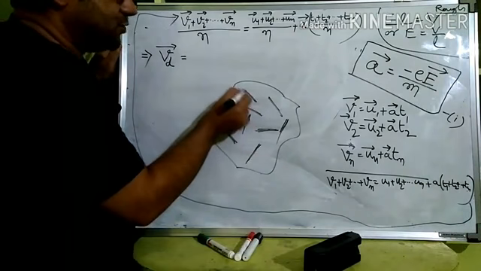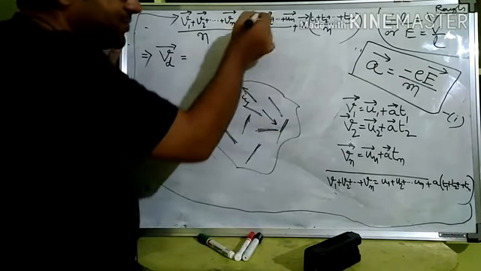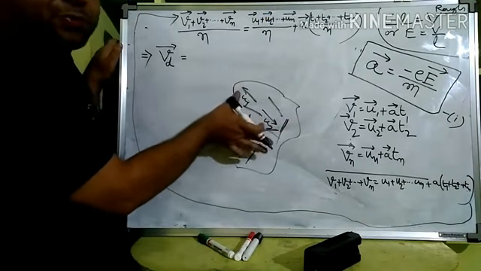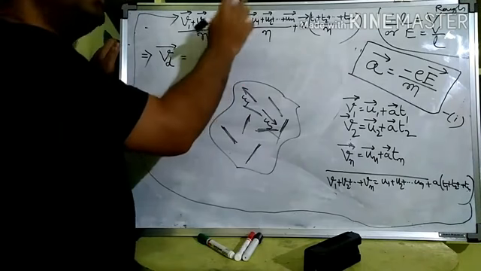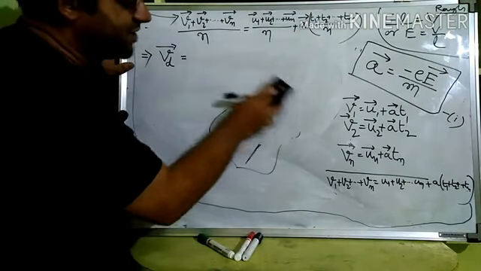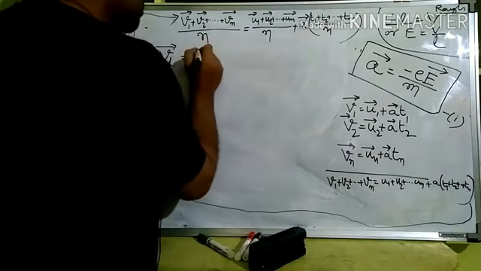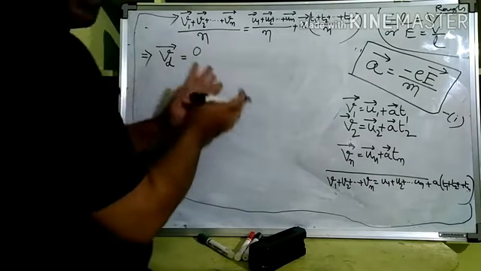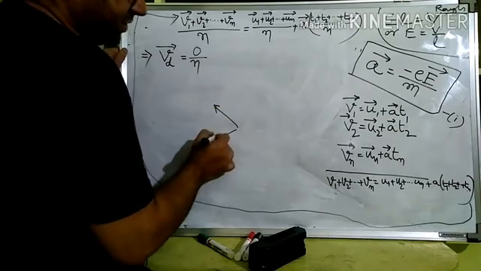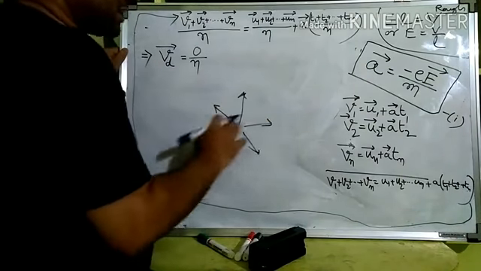So if there is U1 in one direction, there must be some opposite speed for it. I am not saying U1 and U2 will be opposite only, but for one U1 there will be some opposite speed. So all these random velocities due to room temperature amount to 0. The vector sum of all together is 0 divided by n.